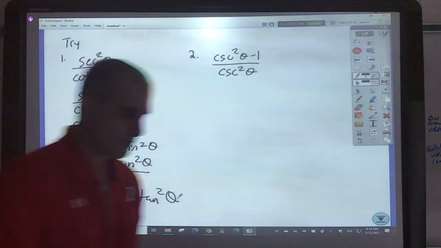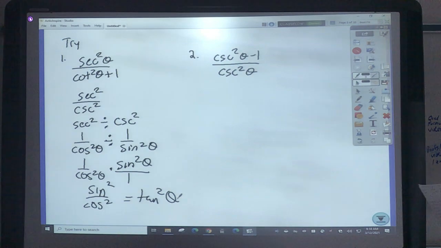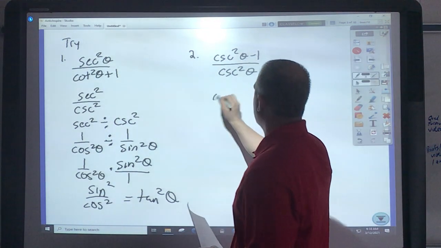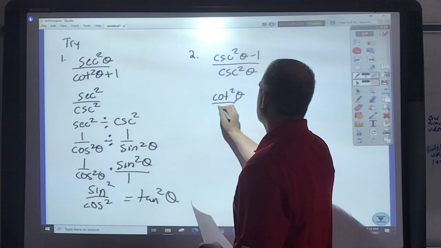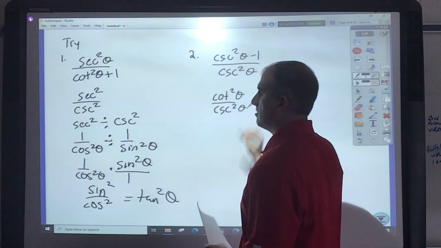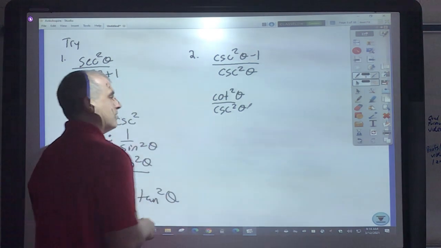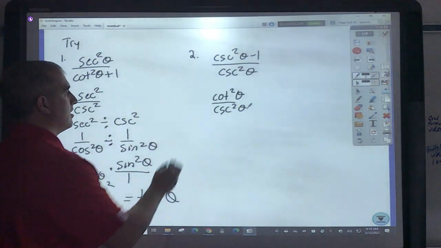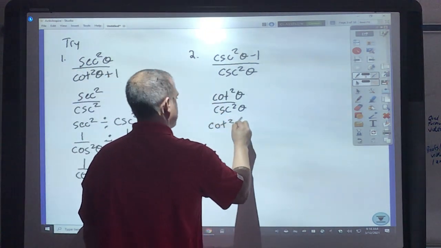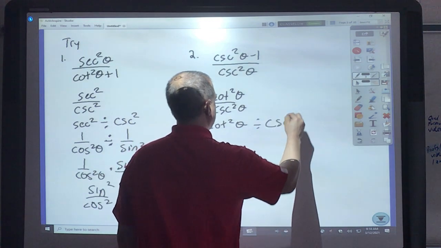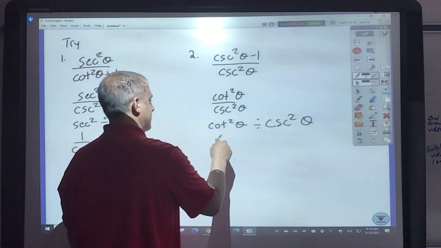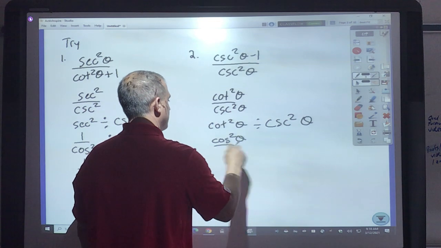All right, let's take a look at this one. Cosecant squared minus 1. I know that this part is equal to cotangent squared. So this is what I got so far. What am I going to do with this? Let's split the fraction up and rewrite this in terms of cosine and sine.